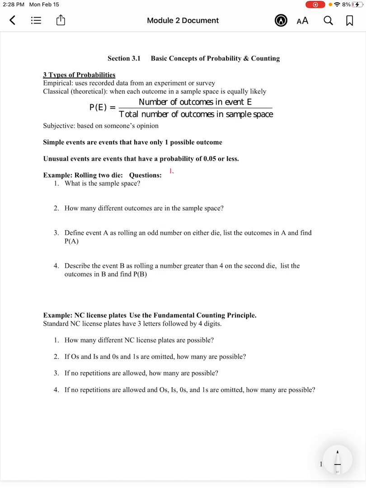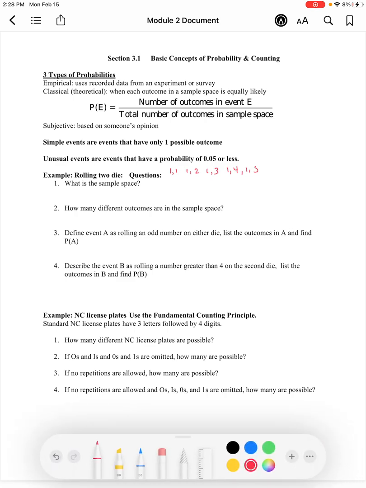So I could get a 1 and a 1, a 1 and a 2, a 1 and a 3, 1 and a 4, 1 and a 5, and the same thing, 2 and a 1, 2 and a 2.